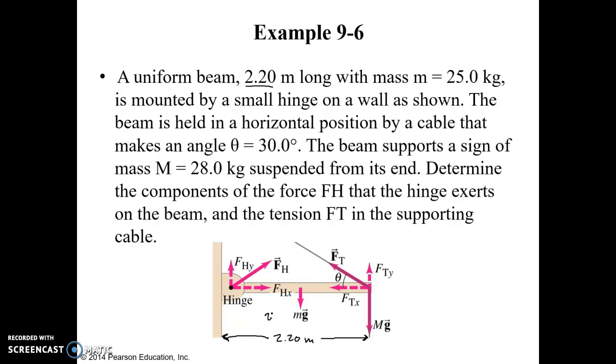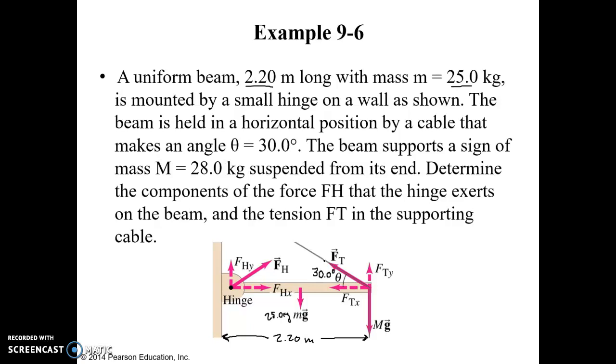So that's right down here, 25.0 kilograms. It is mounted by a small hinge on a wall as shown. The beam is held in a horizontal position by a cable that makes an angle theta of 30 degrees, 30.0 degrees to be precise.